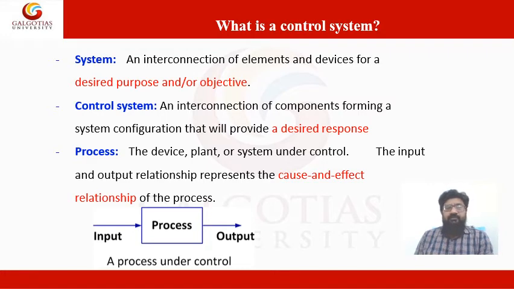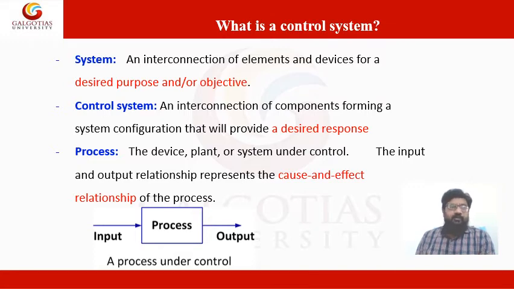So what is a control system? Basically a control system is a combination and connection of elements, devices and mechanisms which are designed for some purpose or objective. There is some input which passes through the system, and at the end of which we get some output. In a control system, the desired configuration will provide a desired response.